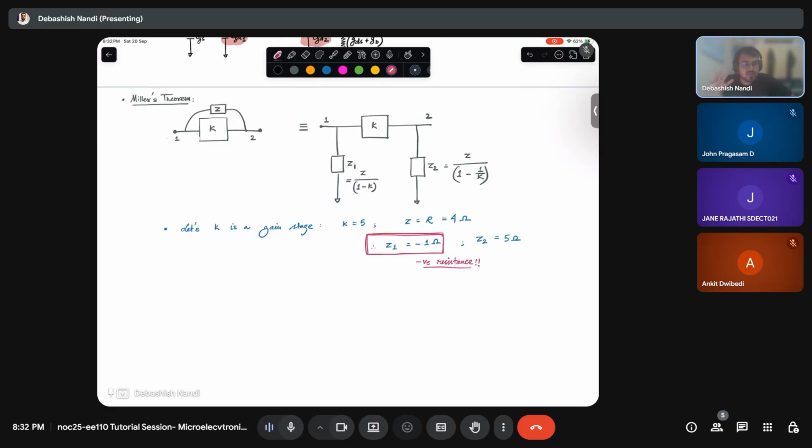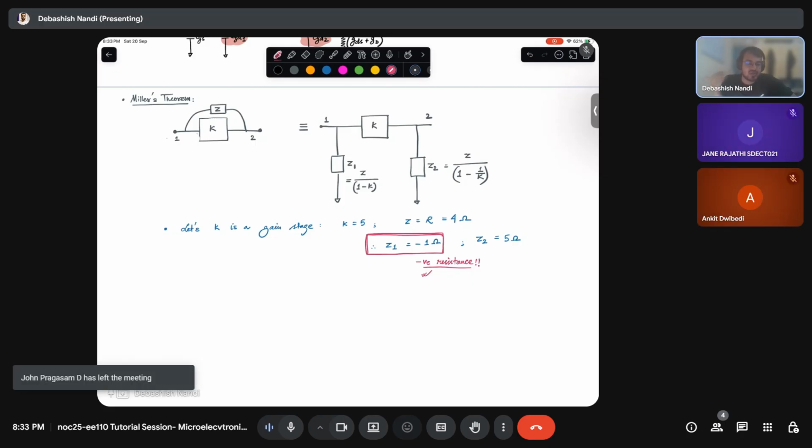Basically, whenever you do some amplifier design at very high frequency, you will often encounter this kind of negative resistance. You always understand that it is coming due to some feedback between the gate and drain, so when you calculate the input impedance, it is getting Miller converted, and you are seeing a negative resistance, right?